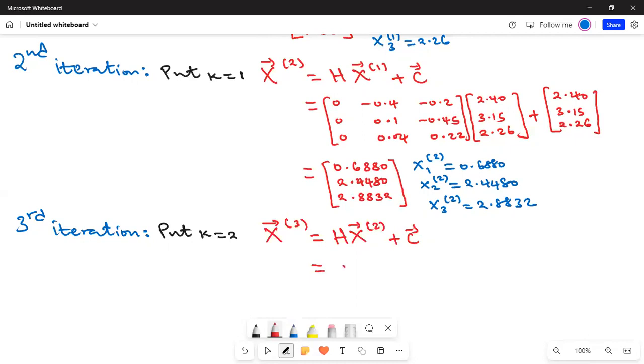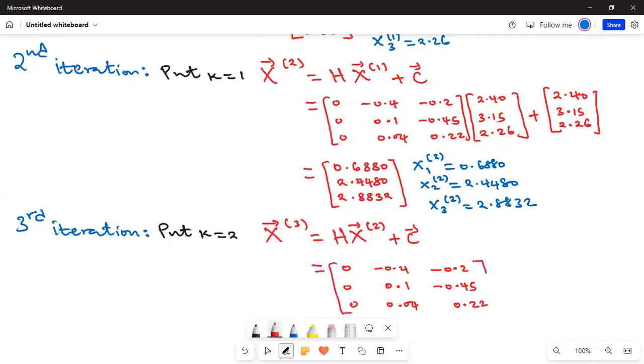When you make the substitutions, you'll have 0, negative 0.4, negative 0.2, 0.1, negative 0.45, 0, 0.04, 0.22.